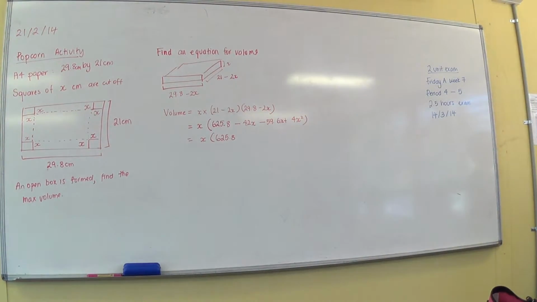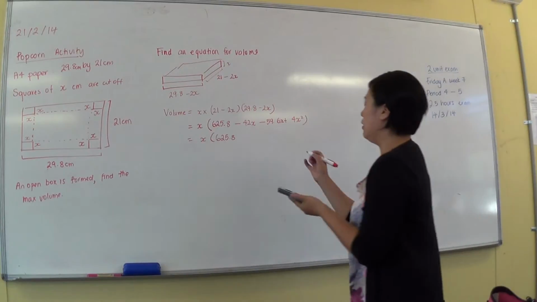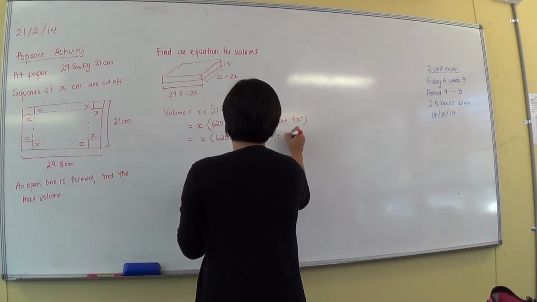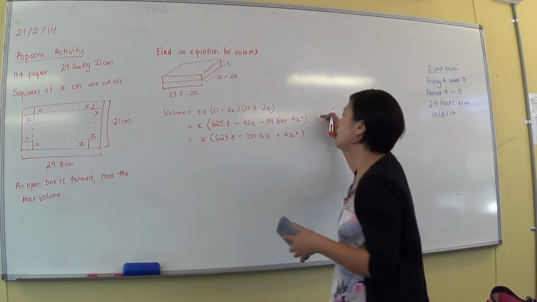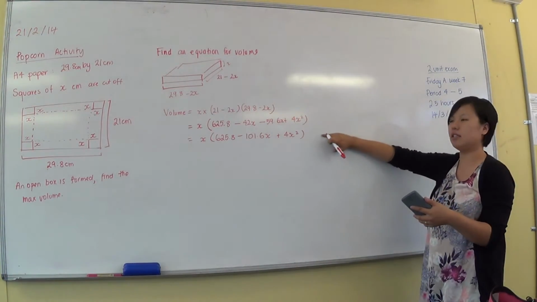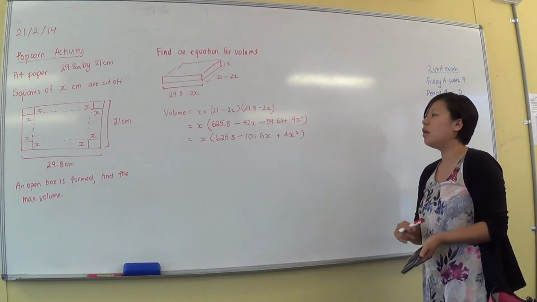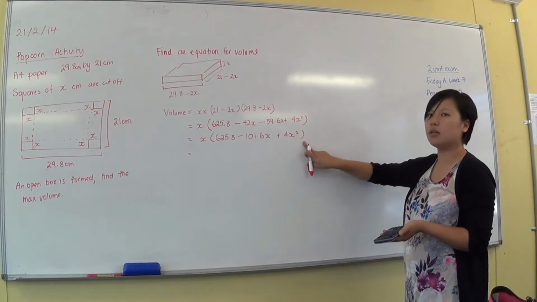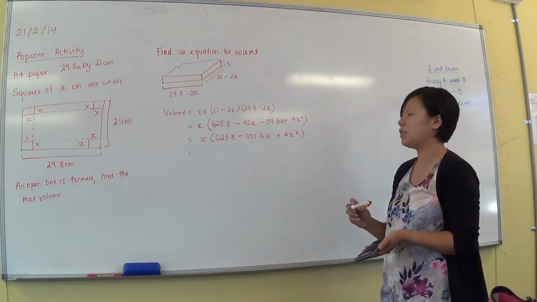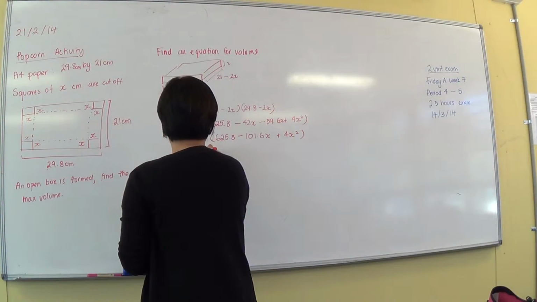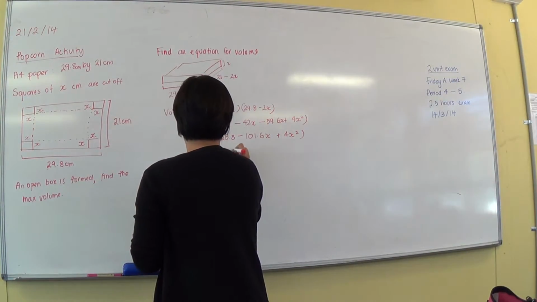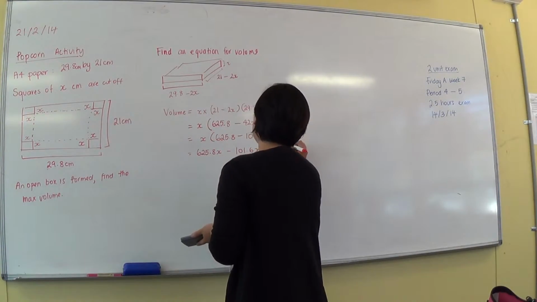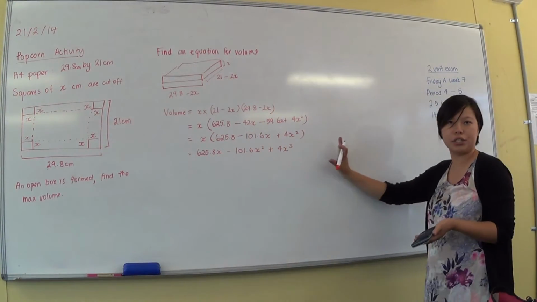No, no. So I've expanded and collected like terms, so that's the neater version. But what we're going to do here is multiply x to all these terms so that we have just one equation. So this is our one equation.